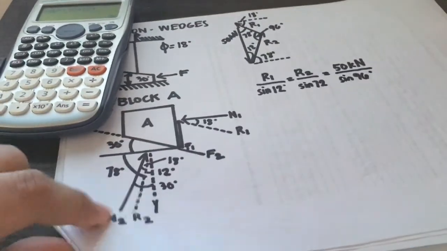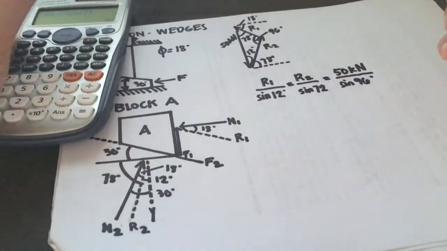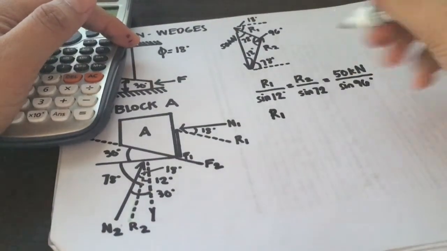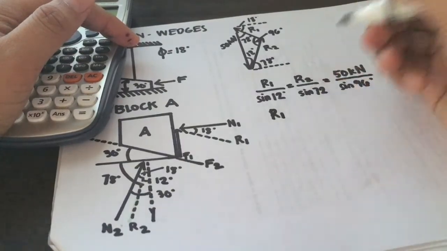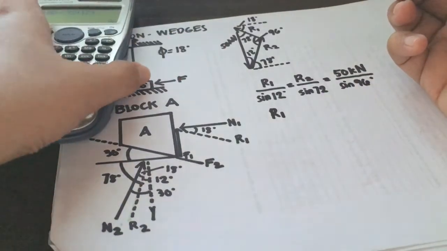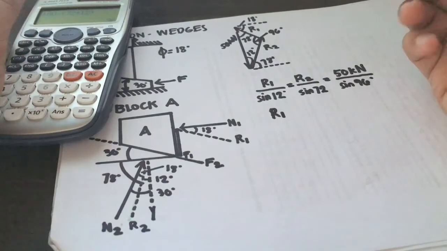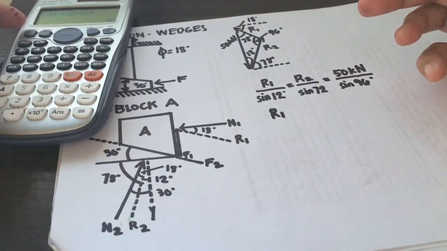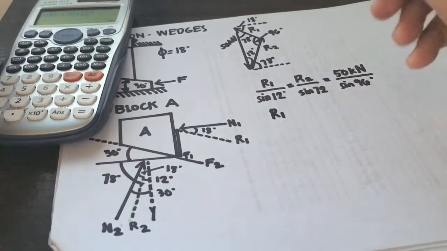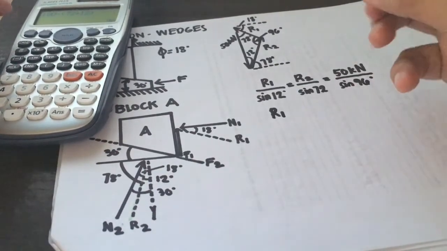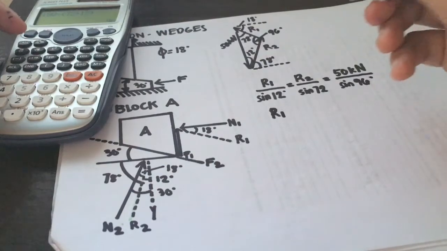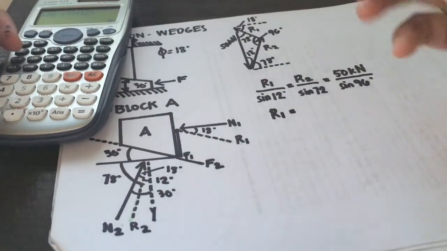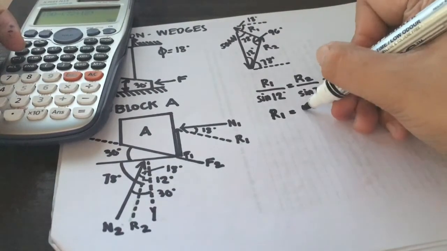In order to find R1, you can directly input the values in the calculator and use shift solve if you want, but you can also use the process wherein you cross multiply.